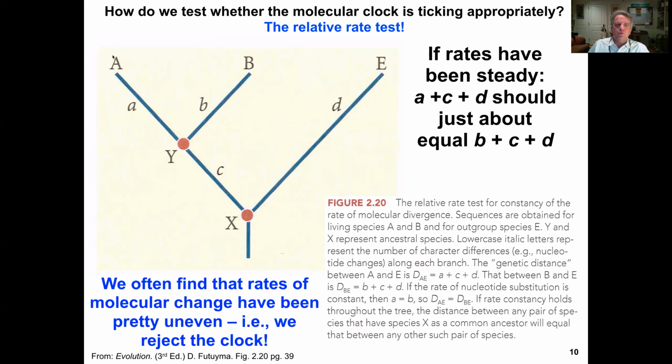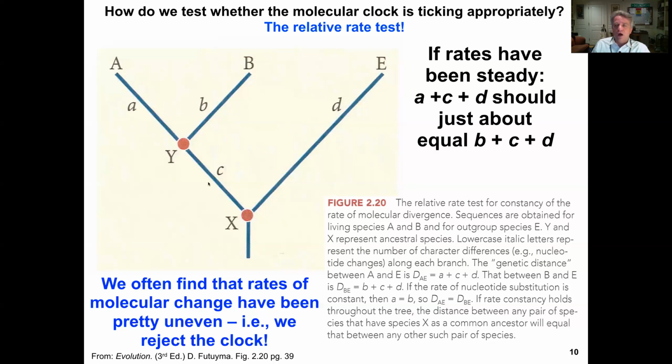So what we're doing is we're asking, are lineages capital A and capital B exhibiting a similar rate of molecular evolution? And the way we would do that is we would say, essentially the sum of branch A, branch C, and the branch of an outgroup here. So E represents an outgroup.